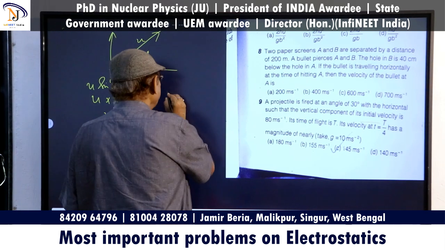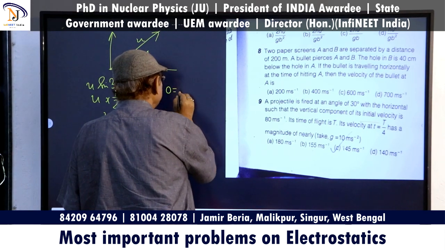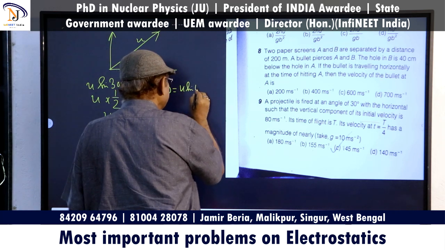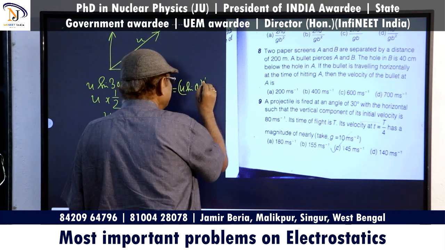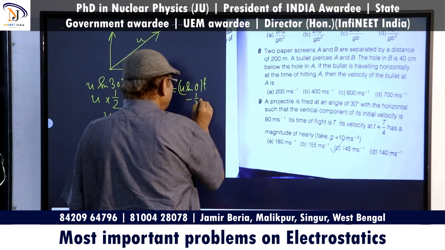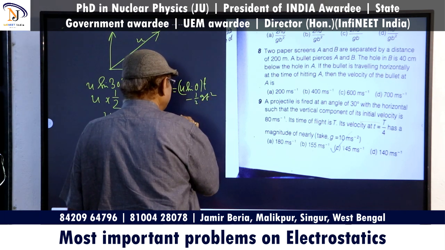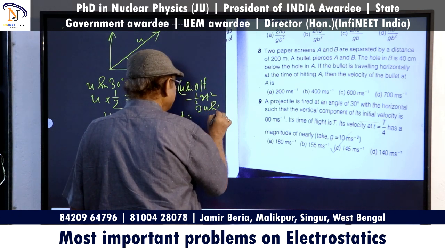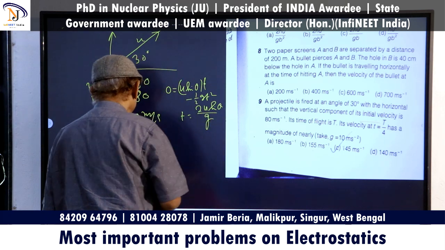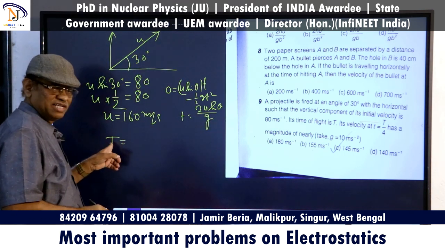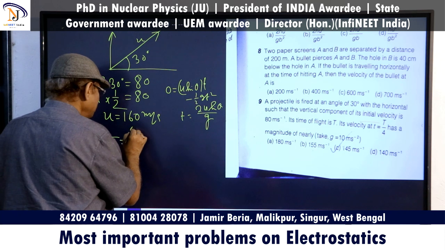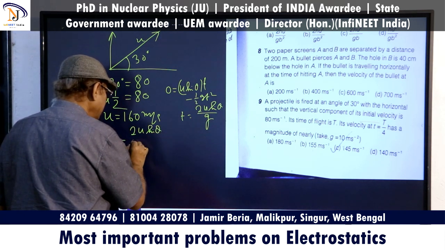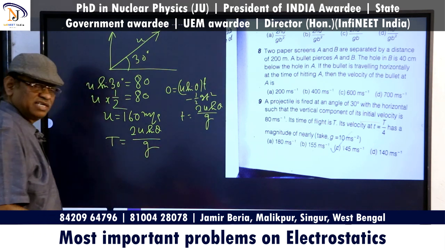What is time of flight? 0 equals u sine theta t minus half g t square, then time of flight equals twice u sine theta by g. So this is the time of flight. Twice u sine theta by g is time of flight.